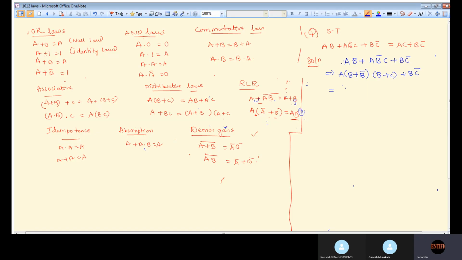So if we are writing like this, AB plus AC plus BC bar. So we can again write it as AB into C plus C bar, AC plus BC bar. So ABC plus ABC bar, AC plus BC bar.